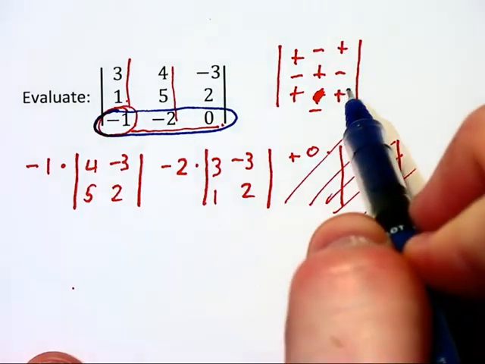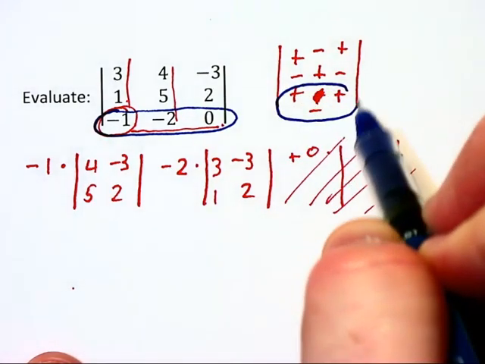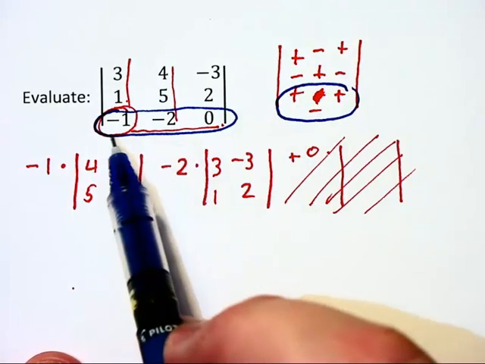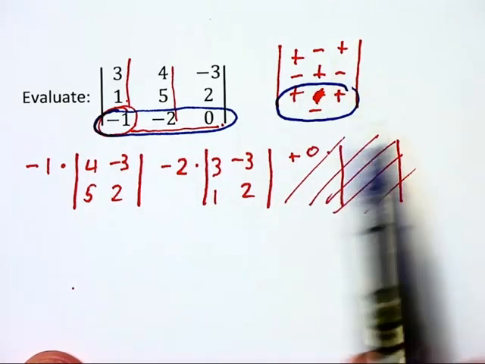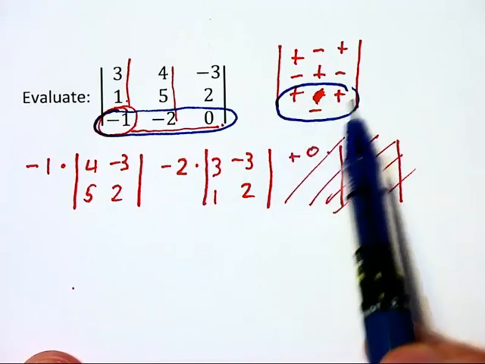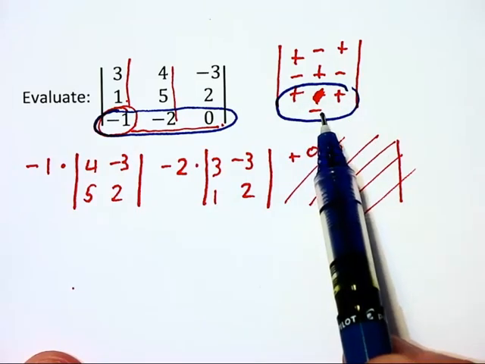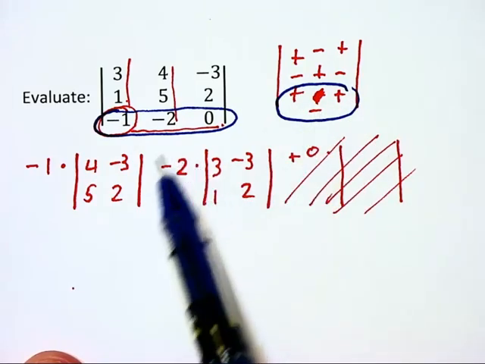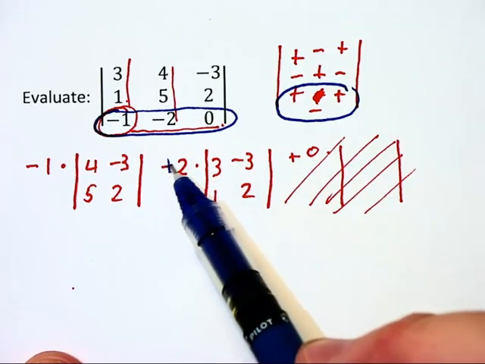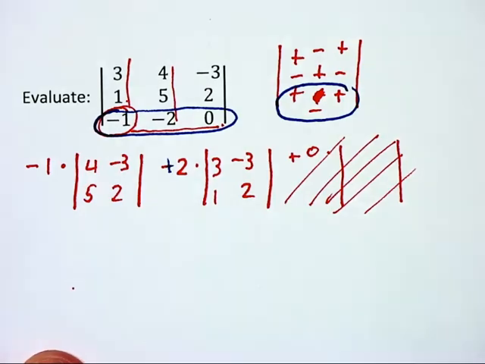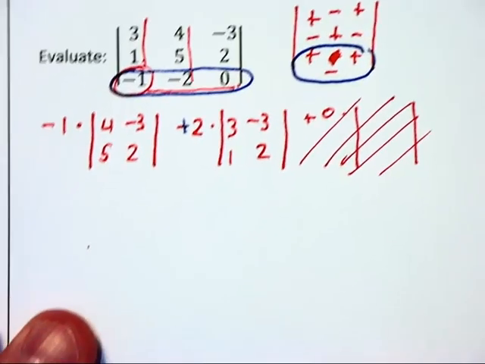Now we selected this bottom row, and basically we're going to multiply these coefficients by these signs. Multiplying by a positive doesn't change anything, but where that minus is, we need to multiply this -2 by a -1, technically changing it to a +2.